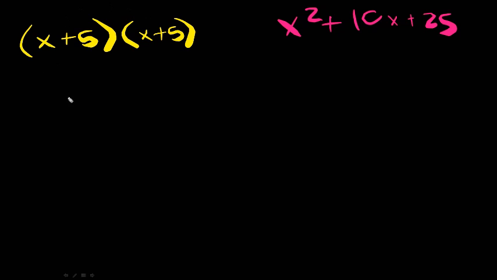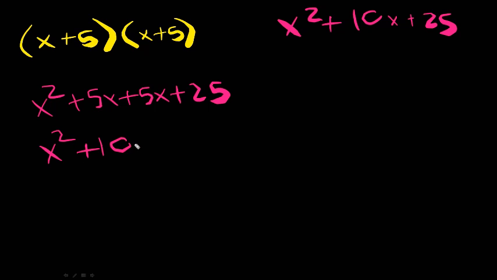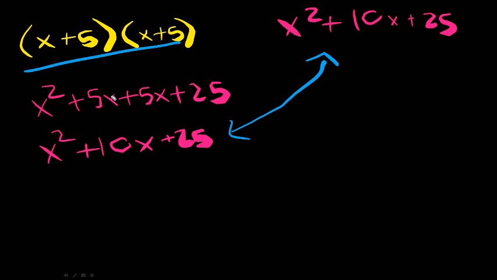So FOIL, this would be x squared plus 5x plus 5x plus 25. Combine like terms, x squared plus 10x plus 25. From here, this equation matches this. Therefore, we know that's correct. So that's one way of seeing if you did it correctly.